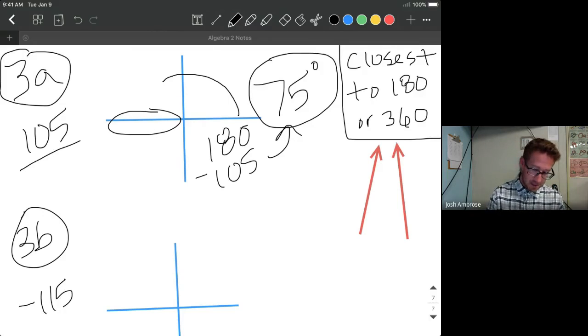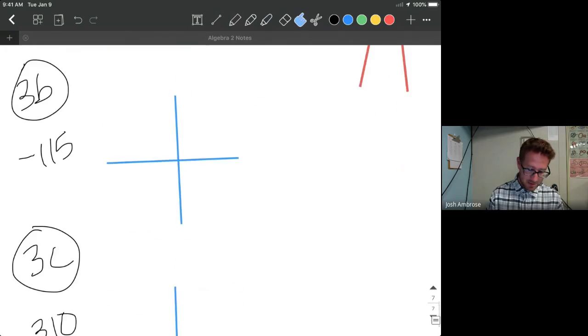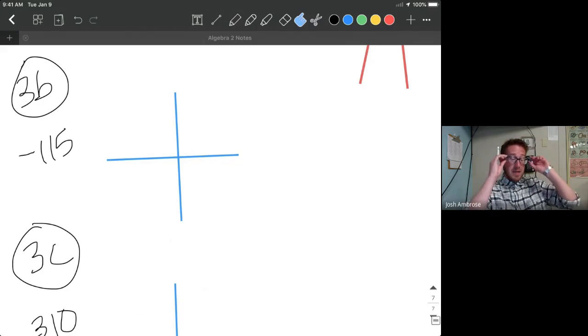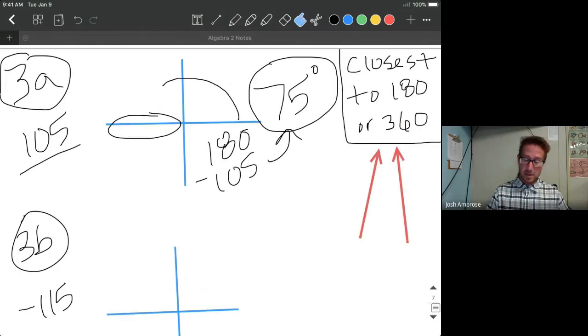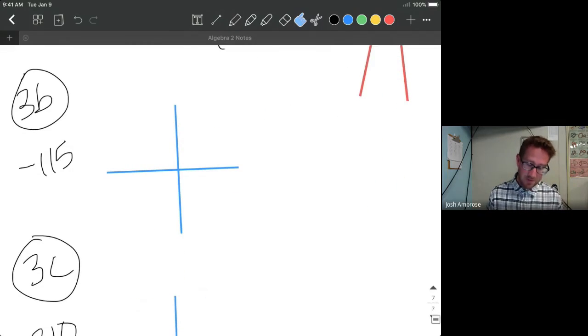All right, same exact concept. Now we have a negative 115 degrees. Now I don't want you to get confused, because you can still think, okay, it could be negative 180 or negative 360. Just think 180 and 360. All right, is 115 closer to 180 or 360? It's closer to 180. How close is it?